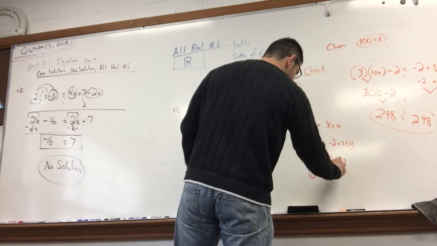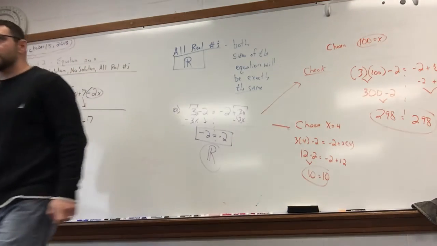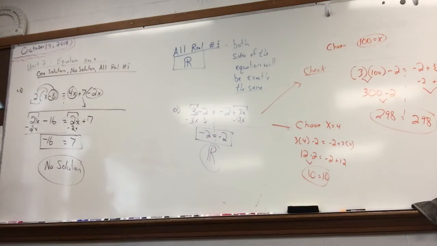That's 10. Negative 2 plus 12 is 10. Notice how it still works. Everybody with me? All real numbers work. Questions on this so far?